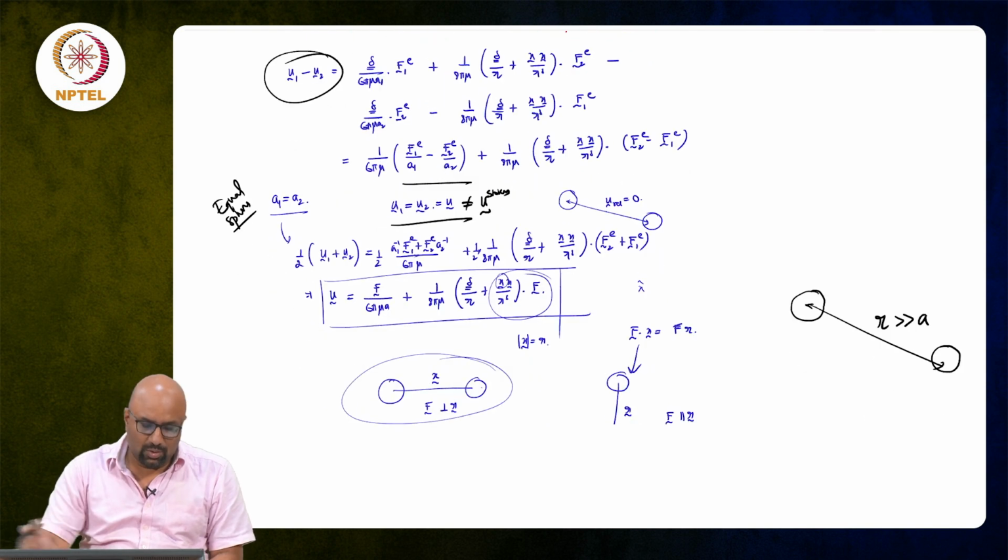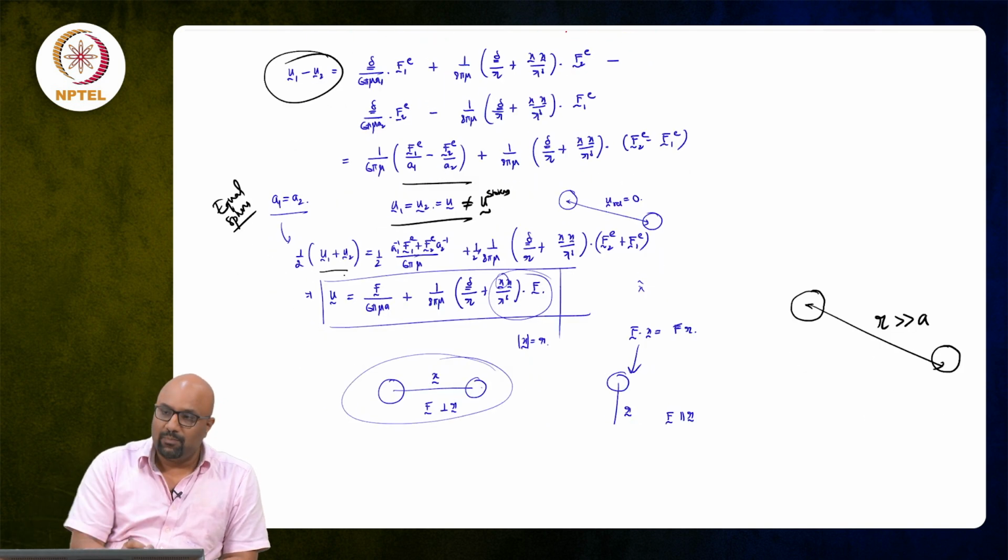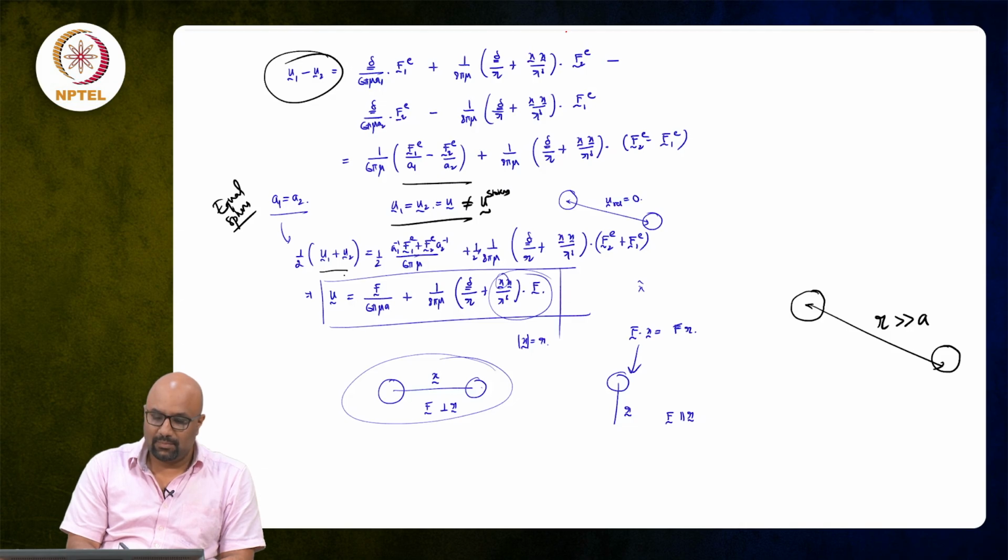So, when you then move on and try to write down what is the average velocity, in this case because they are equal in size, the average velocity is also equal to the individual sphere velocity. The average velocity is enhanced from the terminal velocity.